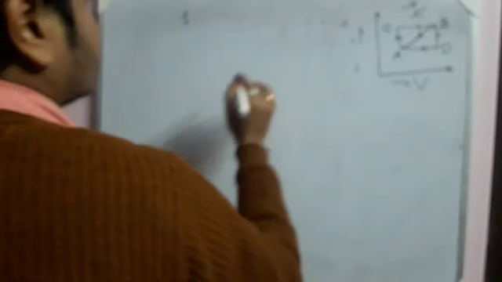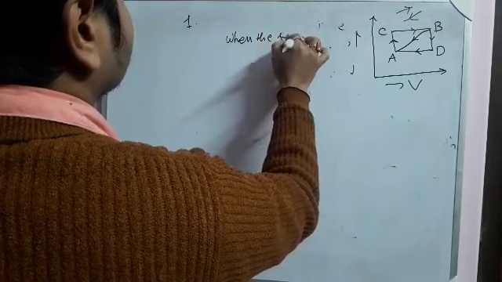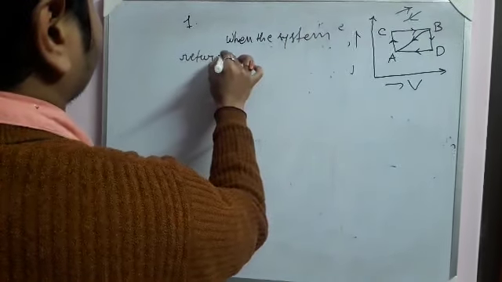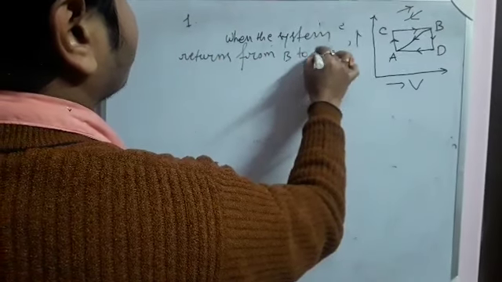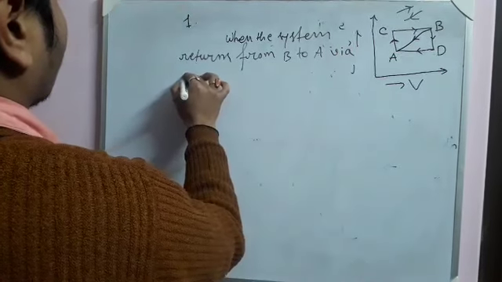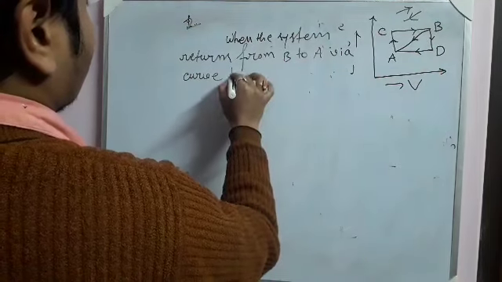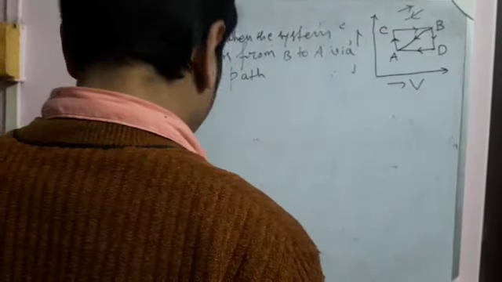Since the system now returns from B to A via the curved path, same picture, work is done on the system, 20 joule.